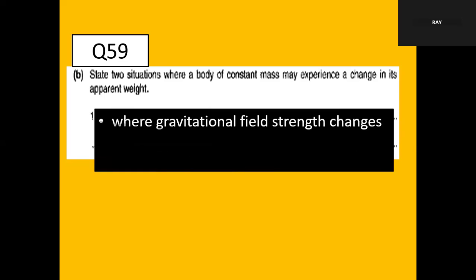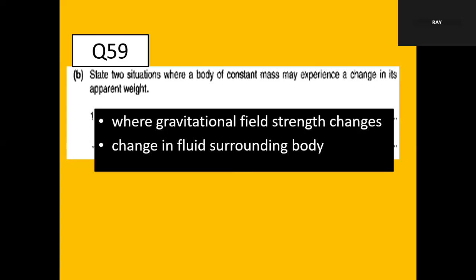Where gravitational field changes, your g changes because your weight is mg. So wherever the g changes, change in field surrounding the body, apparent weight changes.